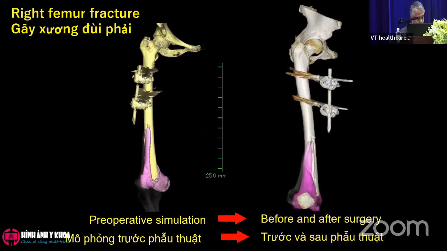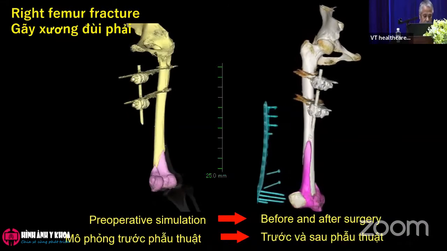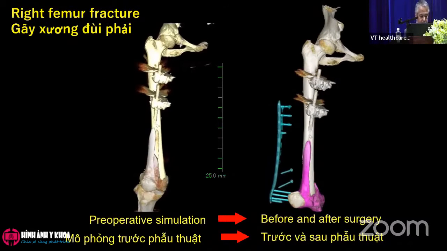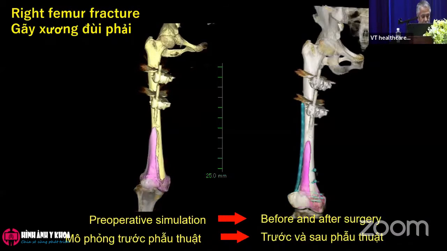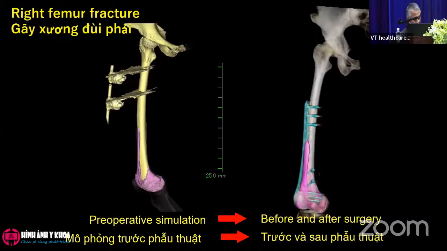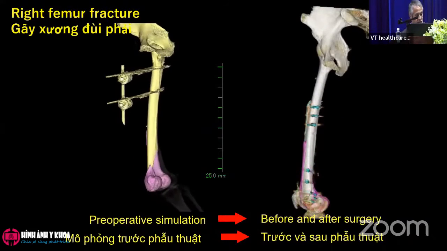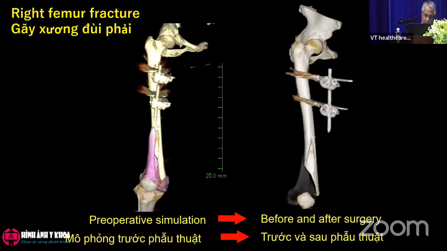A treatment strategy can also be determined for a complex fracture of the right femur. Specimen image information can be provided even in the subsequent follow-up.